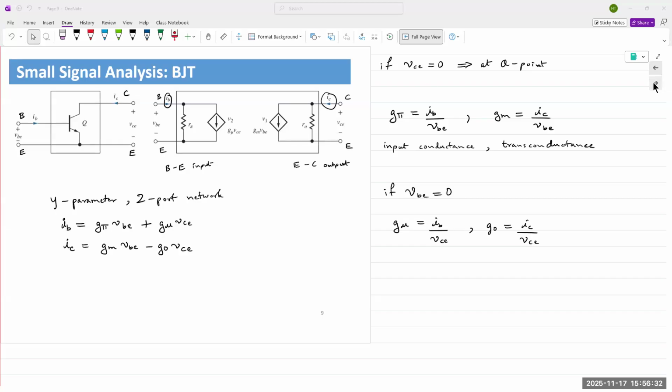G mu and GO, that's a good question. Actually, I can't recall. I don't know if there was a name for those specific parameters on the output side. Why am I blanking on this? I'll have to look it up.